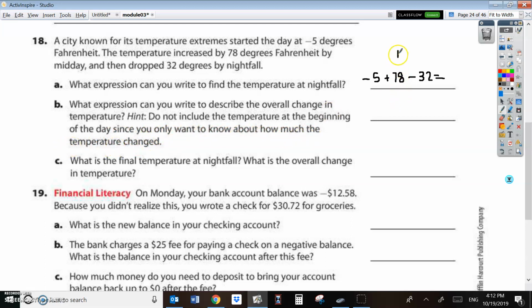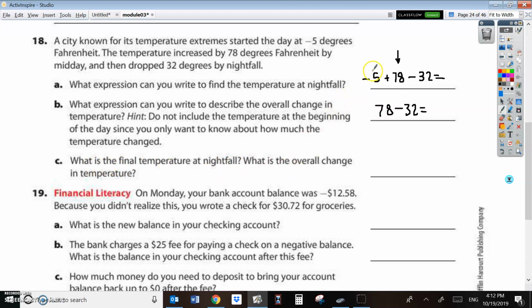So here's the temperature at the beginning of the day. Well, here's the change in the temperatures. So 78 minus 32. So that is how much it changed per day, and then the final temperature.